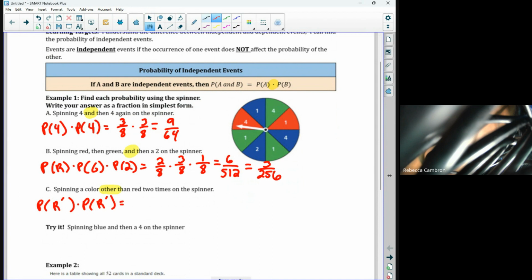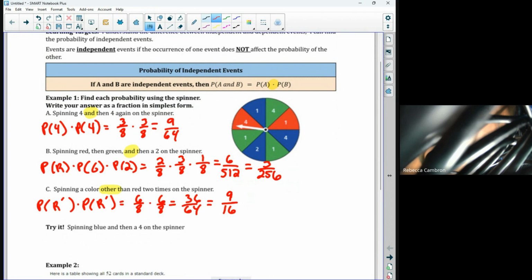So if you look on your wheel, if 2 out of 8 are red, that means 6 out of 8 are not. Multiply straight across, 36 out of 64, which reduces if you divide top and bottom by 4, reduces to 9 over 16. Make sure you reduce. Feel free again to go to Desmos. Let that do that for you.